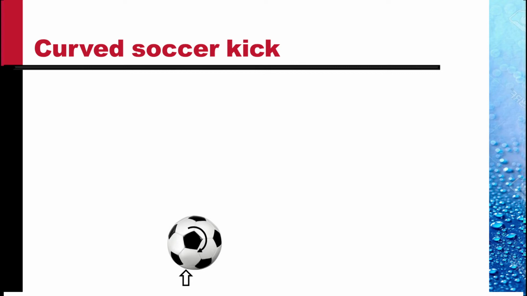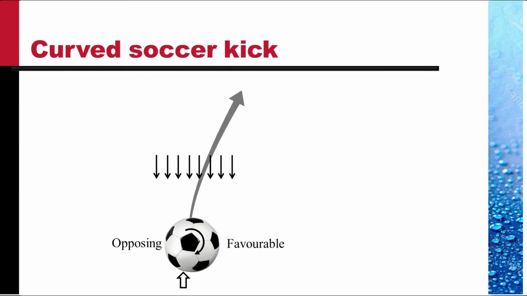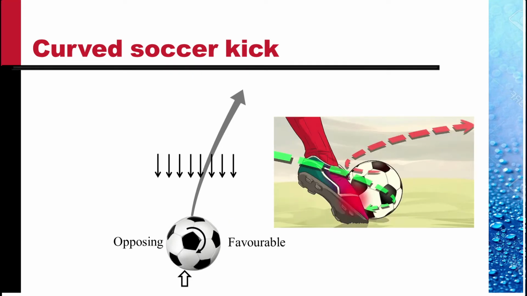Because of the spin and the forward motion of the ball, we have the opposing velocities on the left and the favorable velocities on the right. And because of this, the ball curves in this manner because a force is generated towards the right.